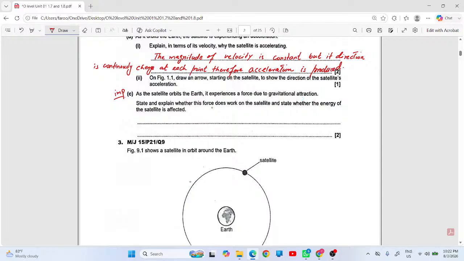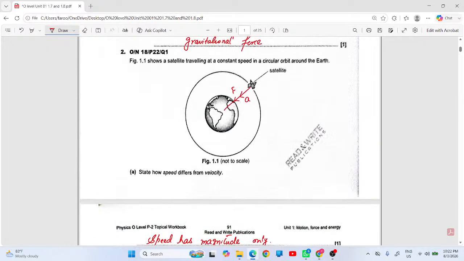State and explain whether this force does work on the satellite. Now see, in this case the direction of velocity is here, meaning the displacement is in this direction. So the direction of displacement and force are perpendicular.